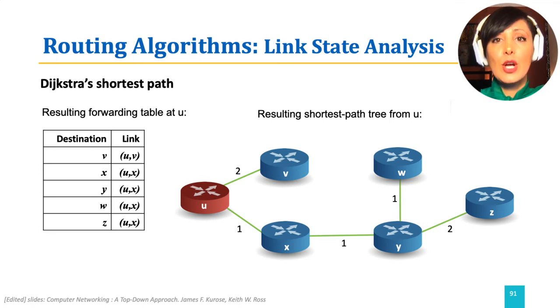For example, to reach node X, the direct link U and X will be taken, and to reach node Z, also the link U and X will be taken, with next hop being X. However, the distance vector algorithm does not have information about the rest of the network, but the link state algorithm, Dijkstra, has that information, knowing exactly which links are selected on the path to the destination. Therefore, it will not experience problems such as count to infinity.